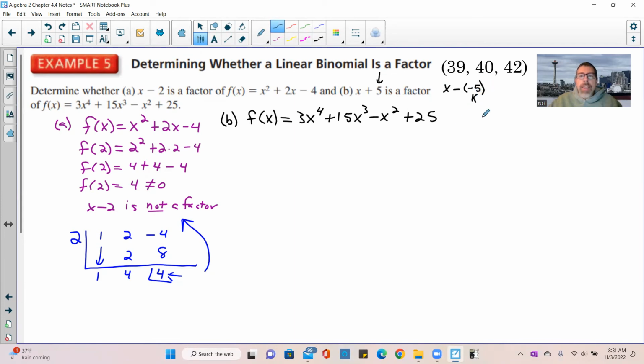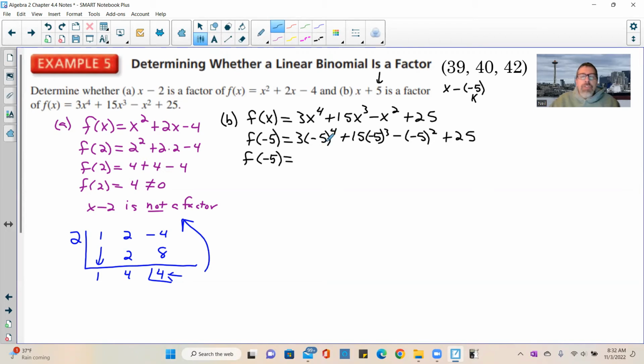So this is my k. It's always the opposite of this sign. So I would do f of negative 5 equals 3 times negative 5 to the 4th power plus 15 times negative 5 cubed minus negative 5 squared plus 25.